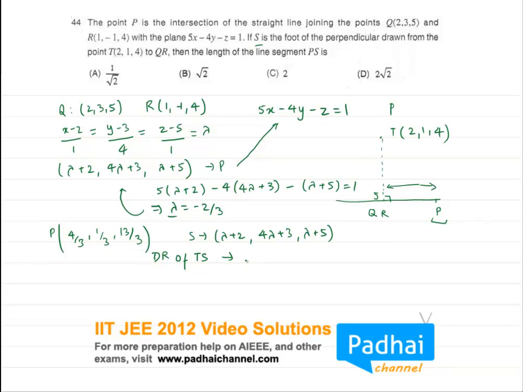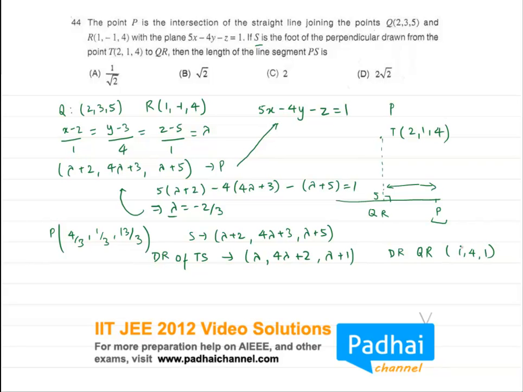So the DRs of TS will be (lambda, 4 lambda + 2, lambda + 1). I have simply subtracted the coordinates of point S from the coordinates of point T to get the DRs. Now these are the DRs of TS, and we know the DRs of line QR, which are 1, 4, 1. We already used this in the equation of the line.